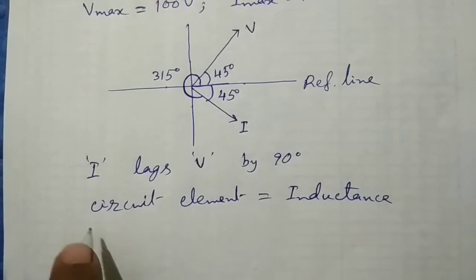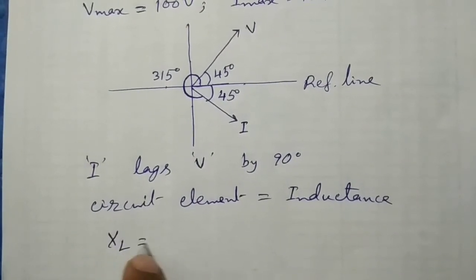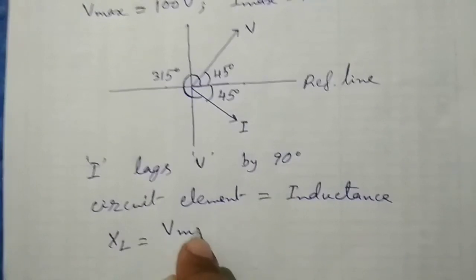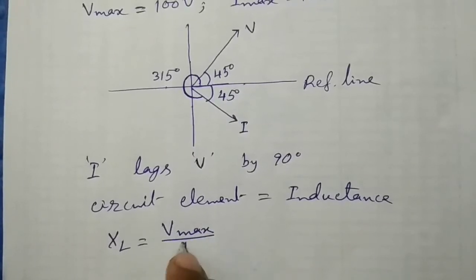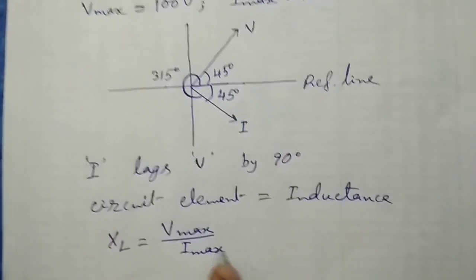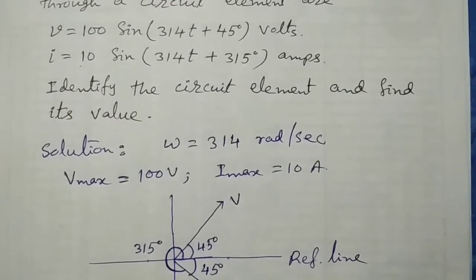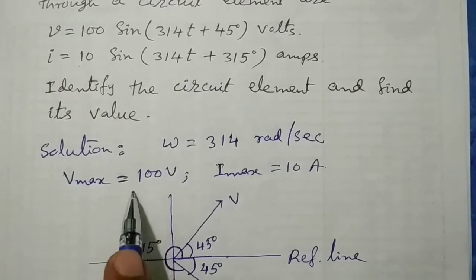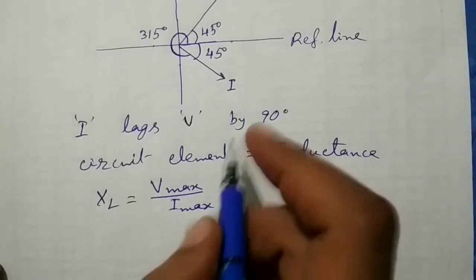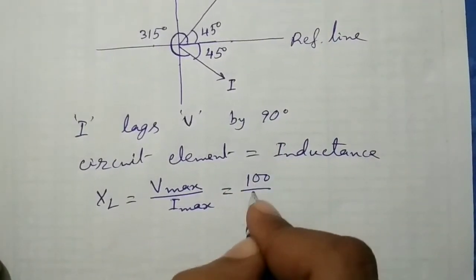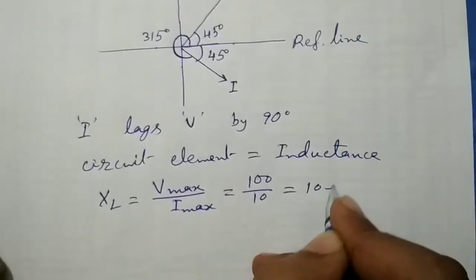So in the next step, we have to find the value of the inductance. As we know that XL is represented as Vmax upon Imax. In this question, the Vmax is given as 100 and Imax is given as 10. Therefore, the XL will be 100 upon 10, that is 10 ohms.